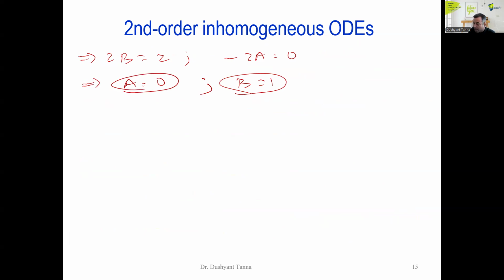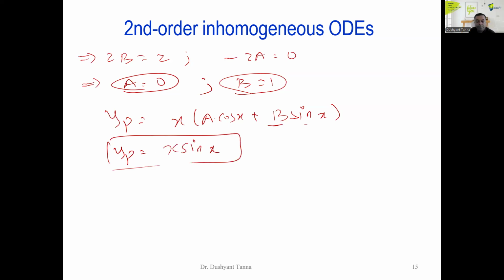Finally, our YP, which was XA cos X and B sine X. Therefore, your YP, A being 0, that will only leave B is 1, X sine X.